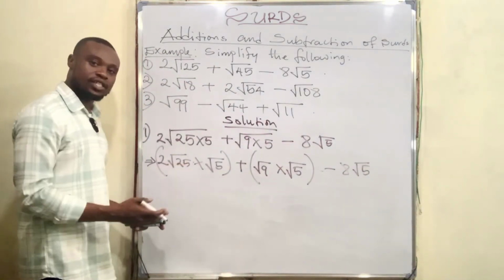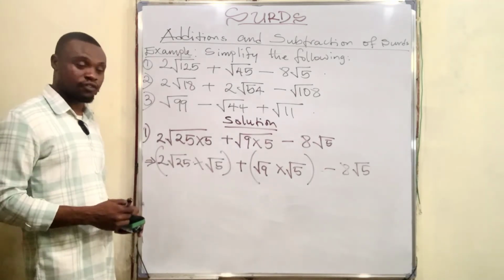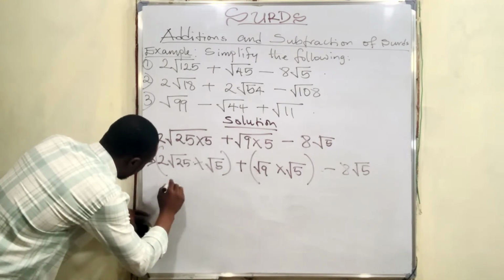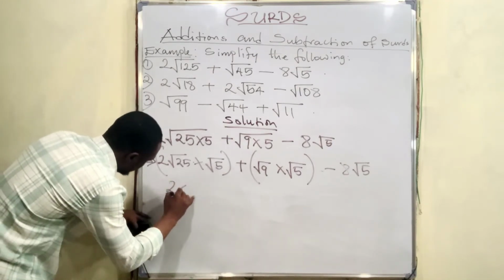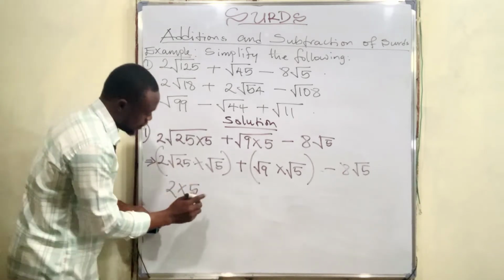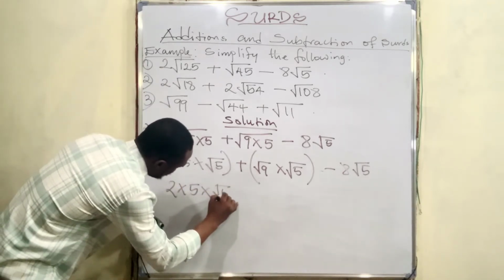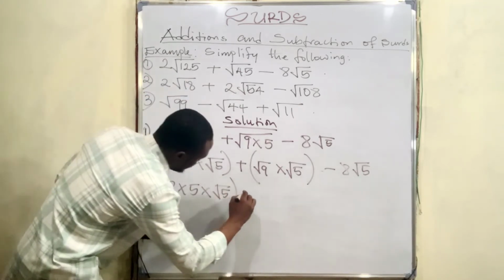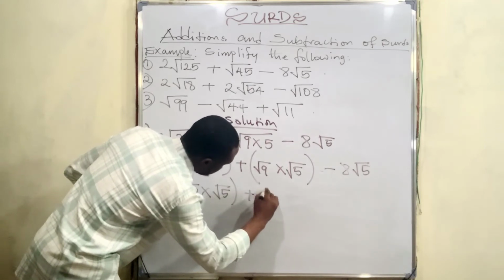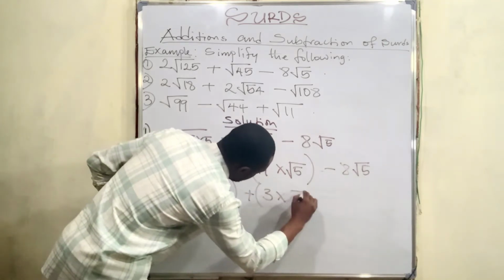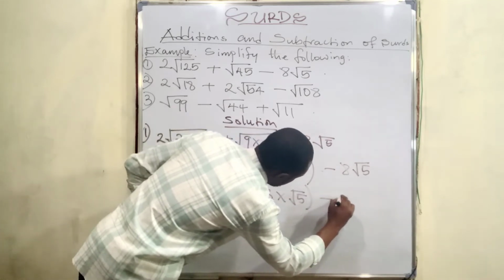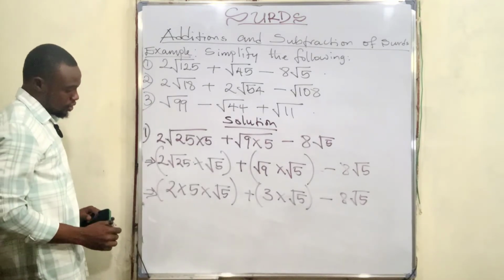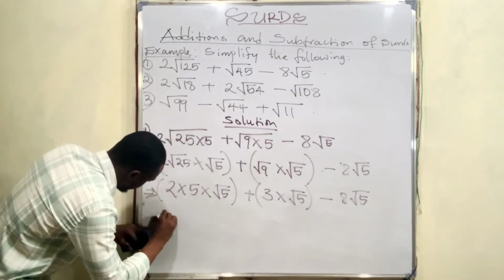So the root of 25 is the same thing as 5. So we now have, in brackets, 2 times 5. So the root of 25 here is 5 times this root 5 here, right? Also in brackets, plus the root of 9 is 3 times root 5, close bracket, and we have minus 8 root 5. Okay, so 2 times 5 is 10.